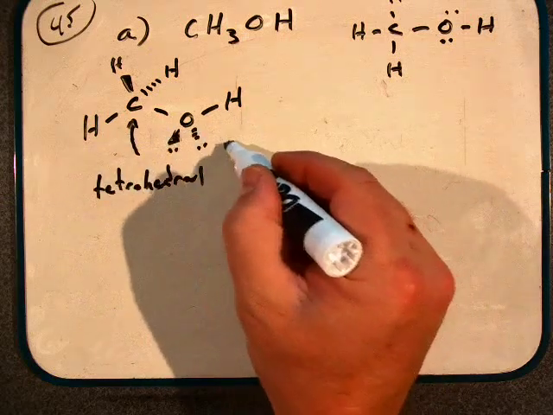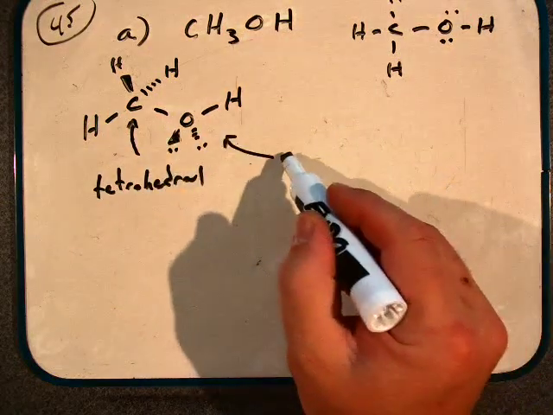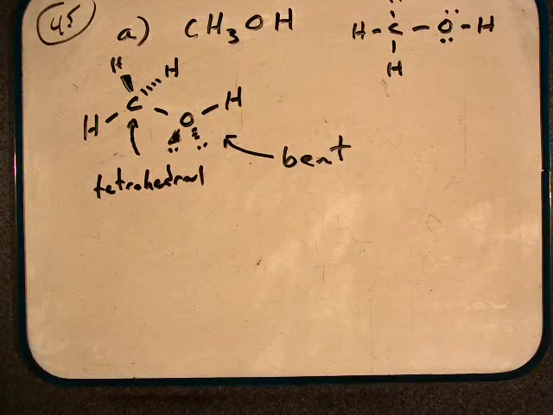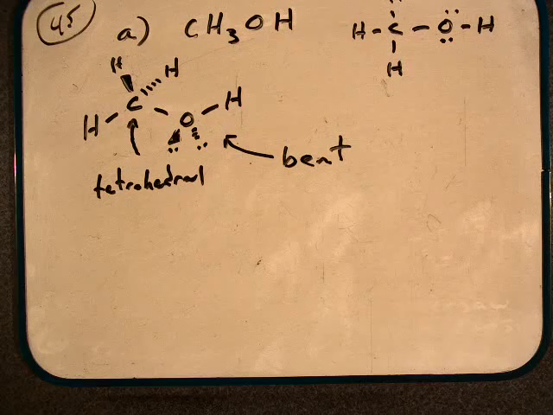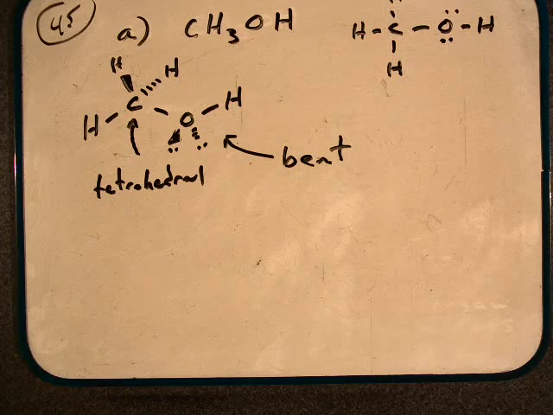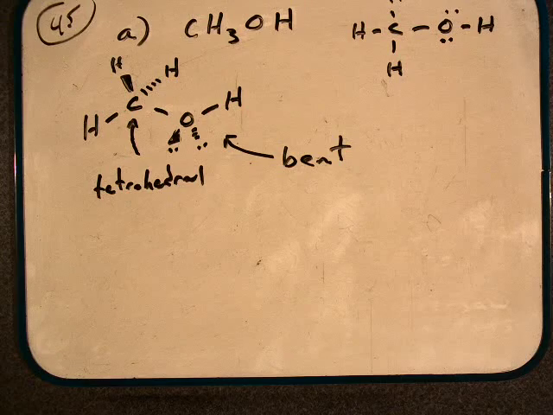The oxygen in this case is tetrahedral with electronic geometry, but would be known as bent if we're looking for molecular geometry, which is what they're asking in this question. So both the carbon and the oxygen have that electronic tetrahedral orientation, but if we're looking at molecular nomenclature, the carbon is tetrahedral and the oxygen is bent.